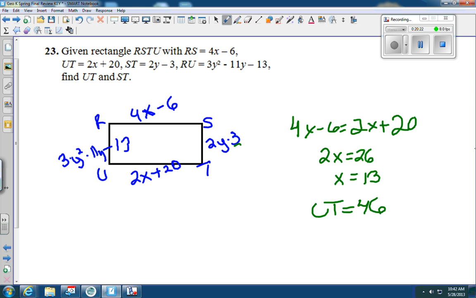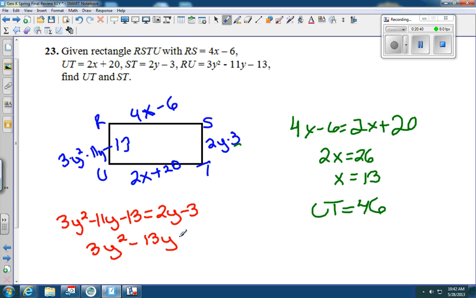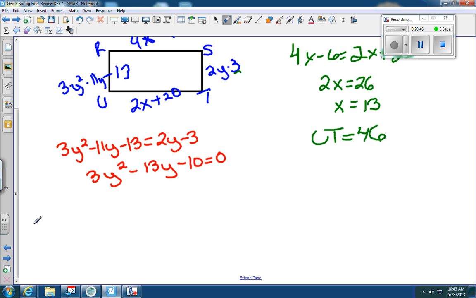All right, and then I need to solve for y. So I get 3y squared minus 11y minus 13 equals 2y minus 3. So subtract 2y, and I get 3y squared minus 13y minus 10 equals 0. Okay, and then you can factor using whatever method you're comfortable with.